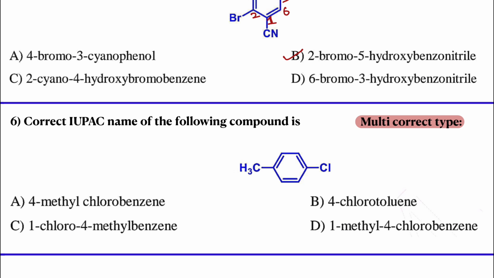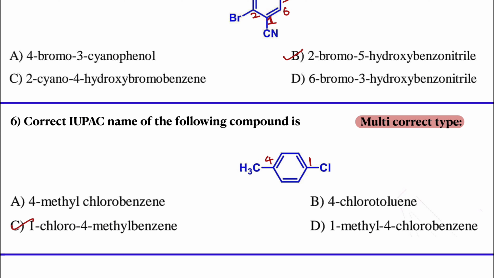First let us give the benzene name. When you give the benzene name, this is the first carbon and this is the fourth carbon, in alphabetical order, because by the least locant rule from both the sides it is 1 and 4. When you are giving the benzene name, you have to say 1-chloro-4-methylbenzene. This is correct.